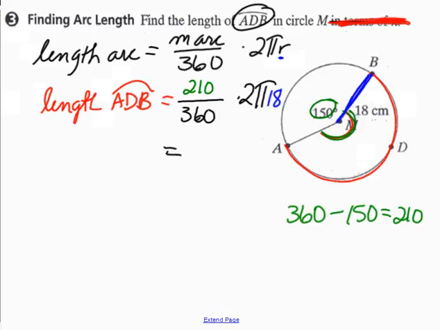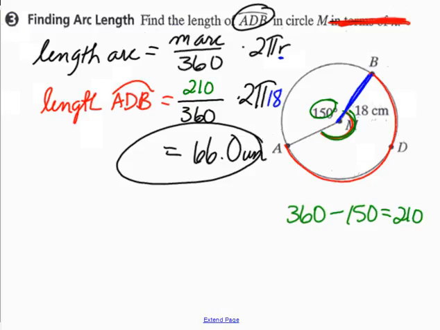So we're going to call that 66.0. So the length of that arc is 66.0. And what was it? Feet? Oh, it doesn't give us the units. So 66 units.